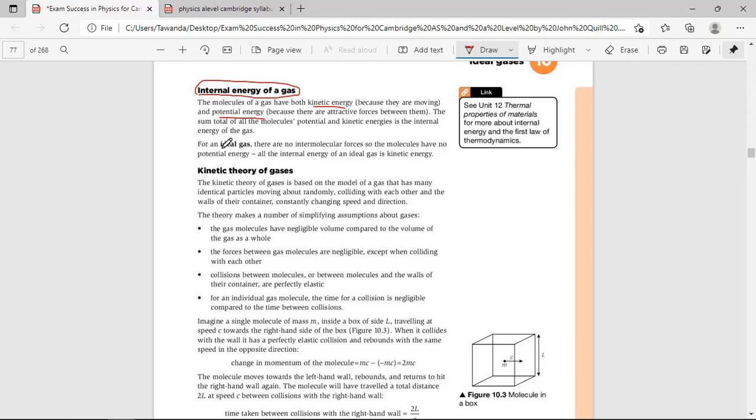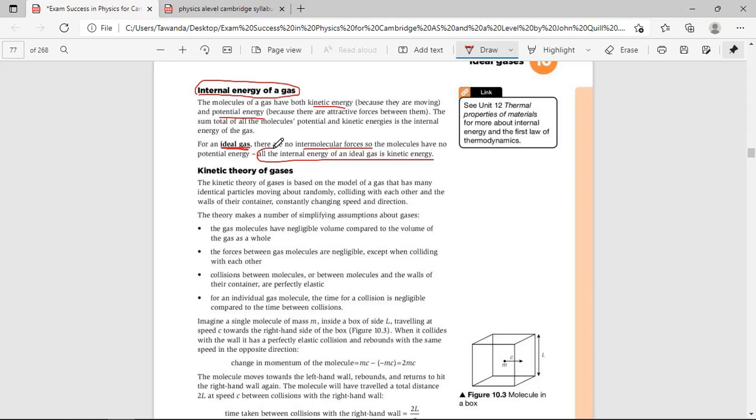But for an ideal gas, if we are saying the gas is ideal, we are going to say there are no intermolecular forces. So we have no potential energy for ideal gases. So for ideal gases, all the internal energy of the ideal gas is kinetic energy, because we are going to say for an ideal gas there are no intermolecular forces.